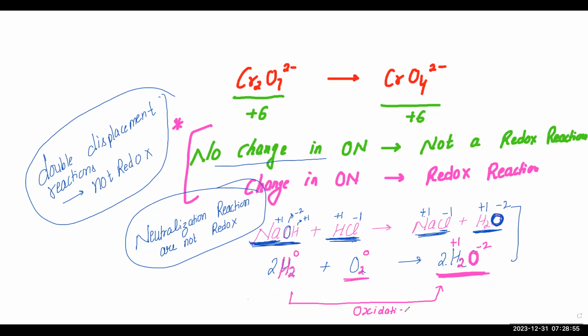This is oxidation, children. Hydrogen is oxidized, yes, Arjun. H2 gas is oxidized to water, and O2 to O2 minus is reduction. So when hydrogen is getting oxidized, where are the electrons going?